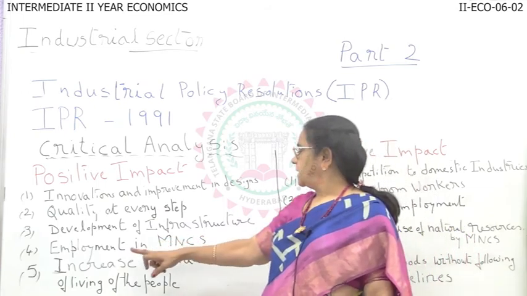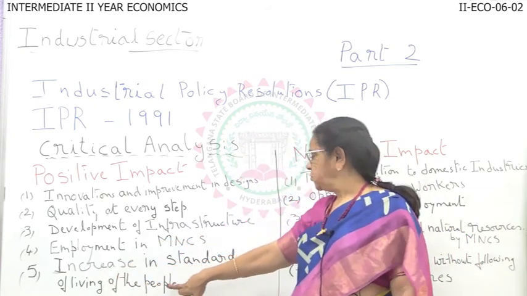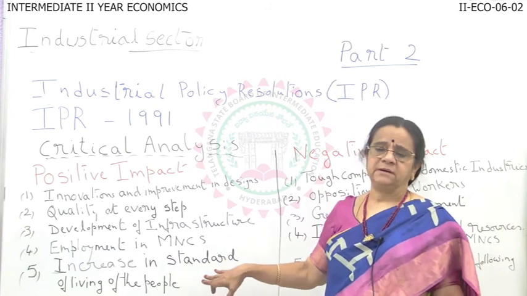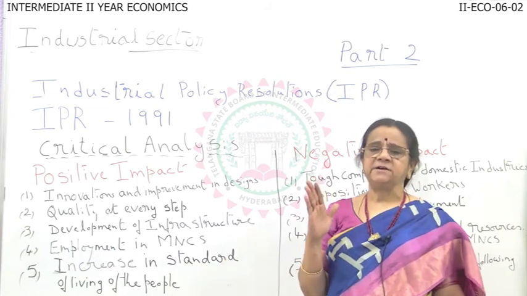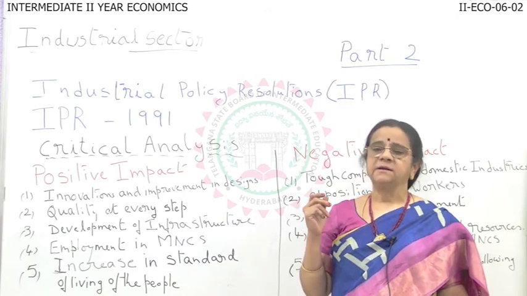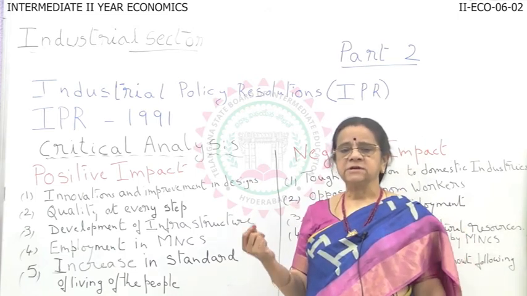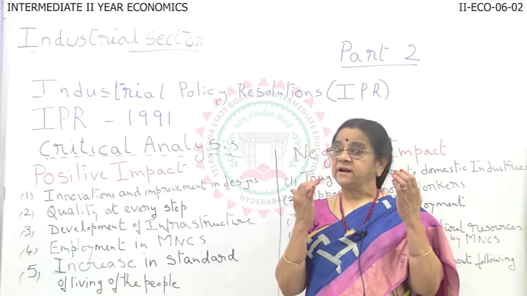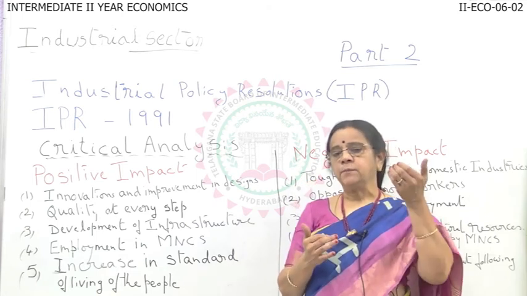Then increase in the standard of living of the people. There is a very high standard of living of the people now after IPR 1991 because various varieties of goods are being imported.